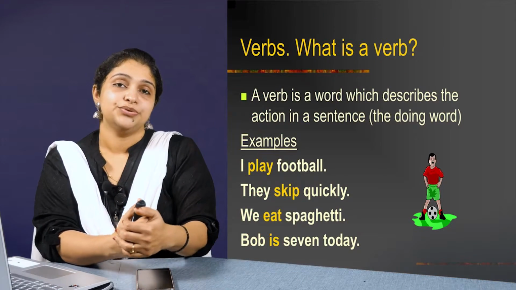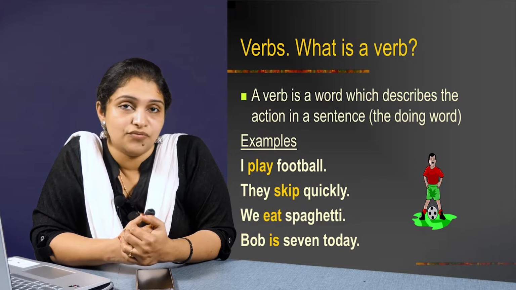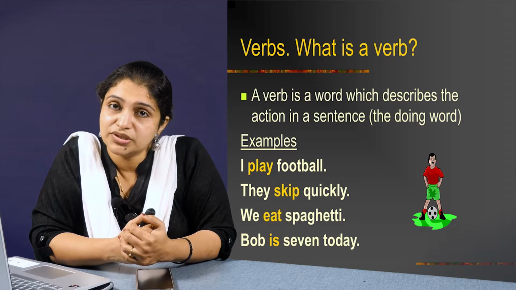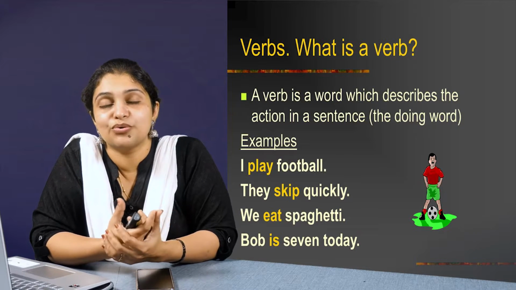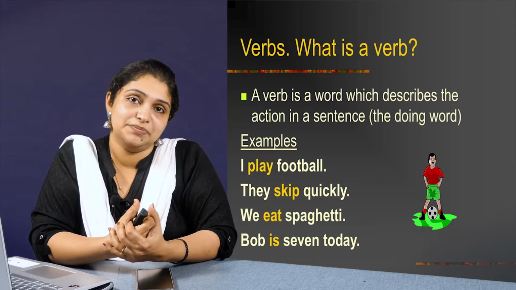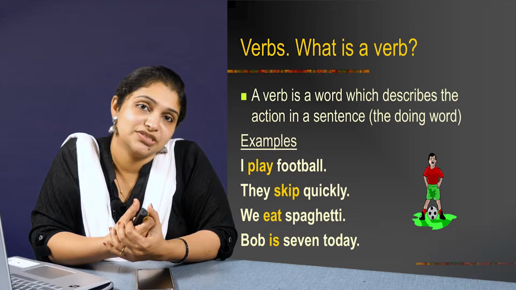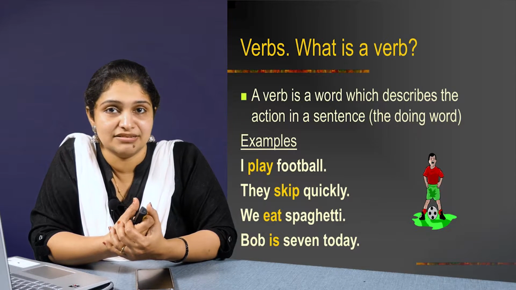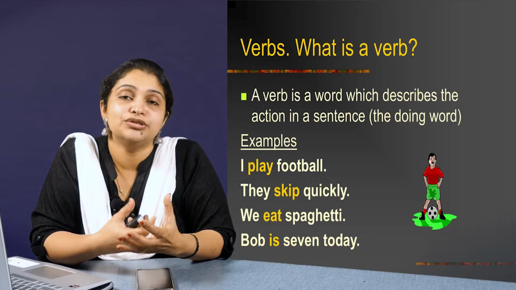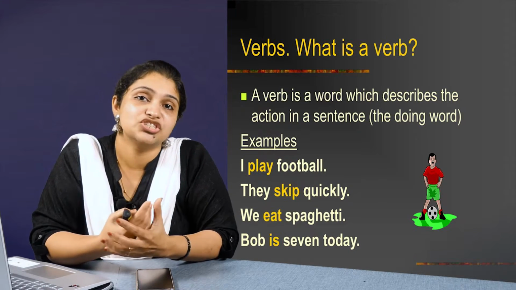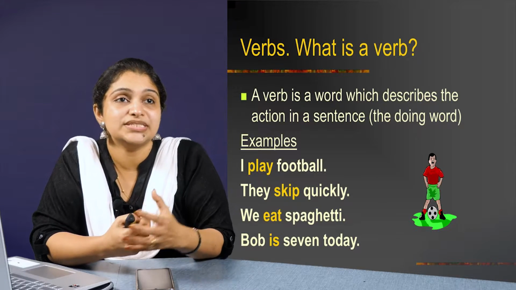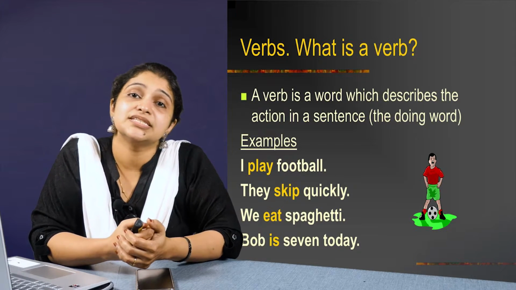We're moving on to the third set of parts of speech, very important, in which you have some action and some motor skills. A verb. What is a verb? It's a word which describes the action in a sentence, the doing word. When you physically do something, when an action takes place, when something is being done, this is called a verb.